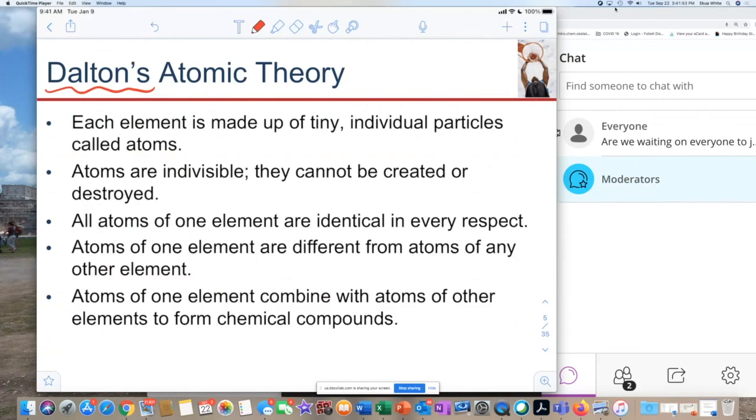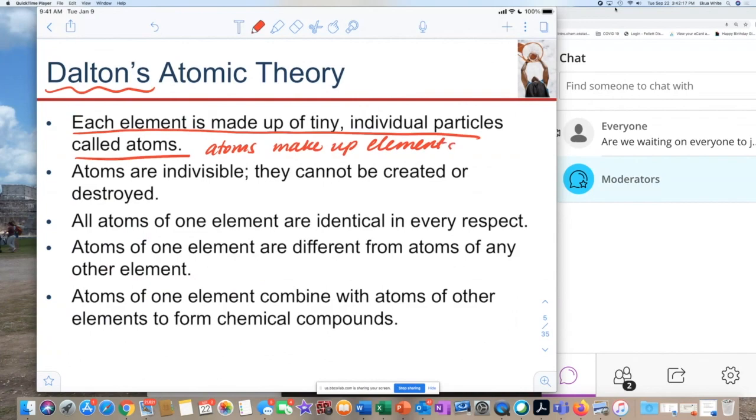He said, based on the experiments he did, each element is made up of tiny indivisible particles called atoms. So he's essentially saying that atoms make up elements.